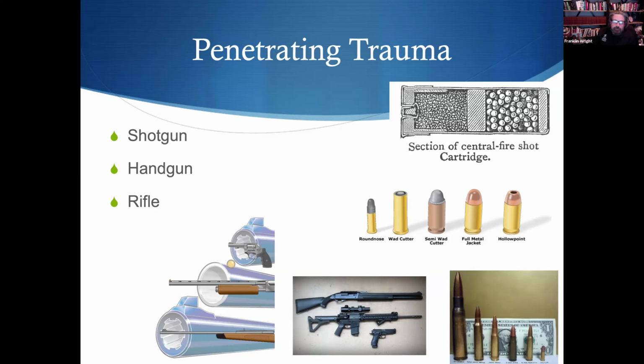There are a lot of different ways that a bullet can be manufactured, and that matters in the amount of tissue damage they can create. The velocity really matters, so we'll talk about some of those differences between handguns and rifles. Shotguns are a little bit their own beast, so we'll talk through some of that as well.